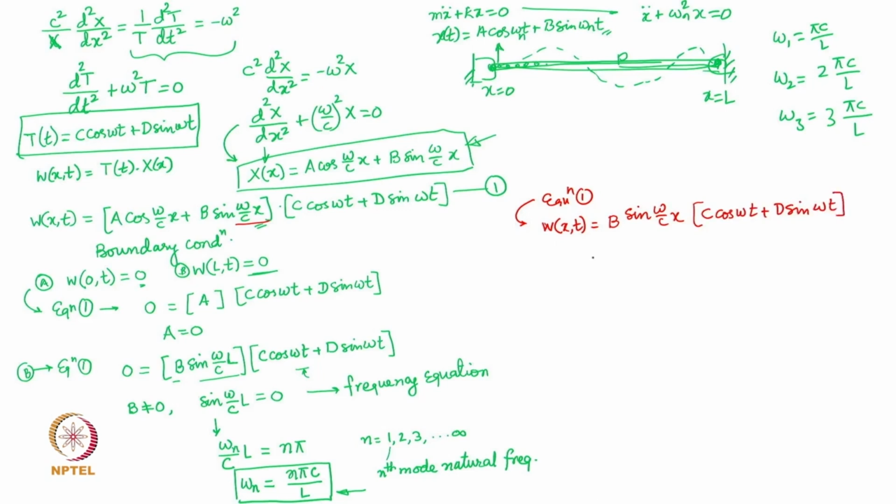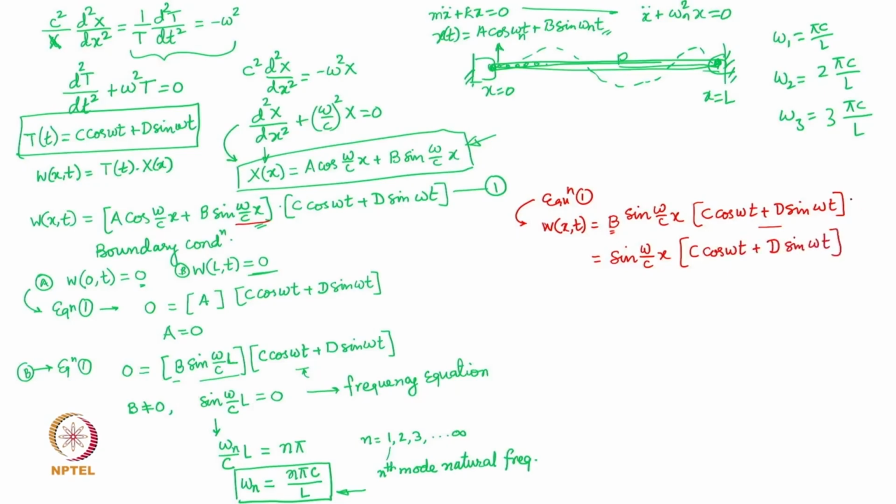Now I can easily absorb this constant into these two constants, and then I can write this as sin(omega by c x) times (C cos omega t plus D sin omega t). These are new constants. Instead of using two different constants, you can presume that C actually is C into B.